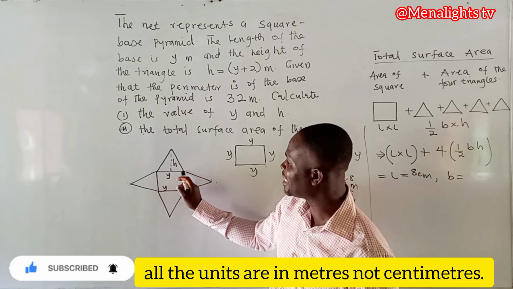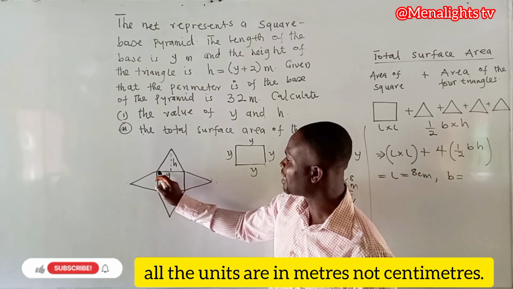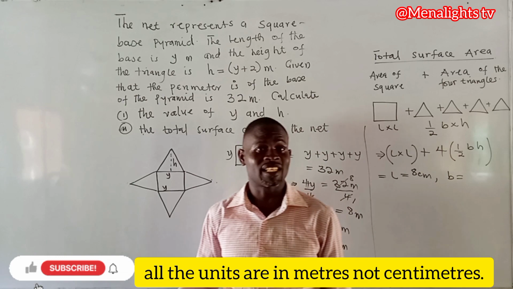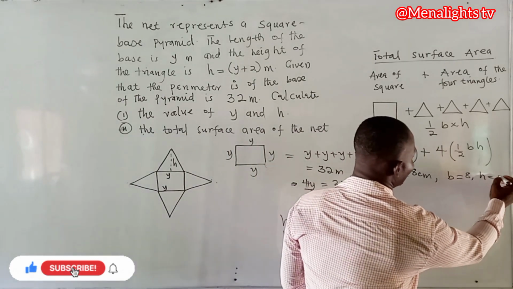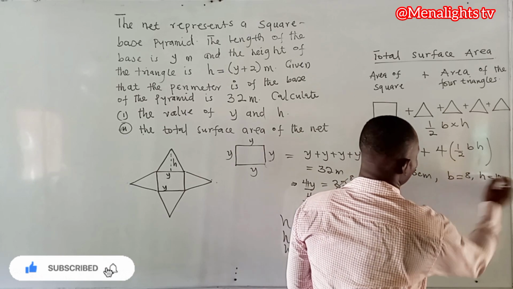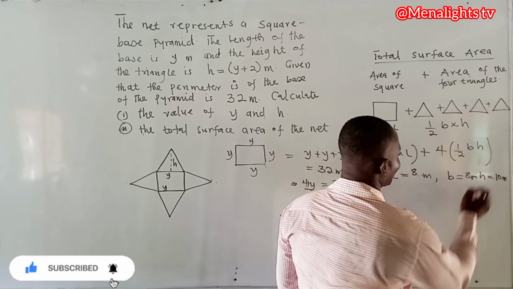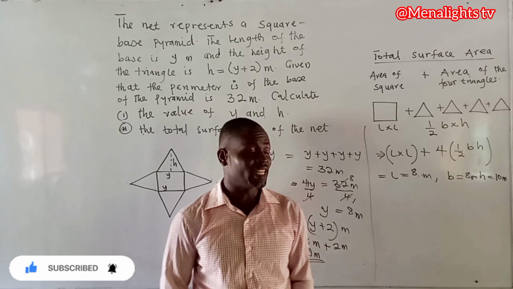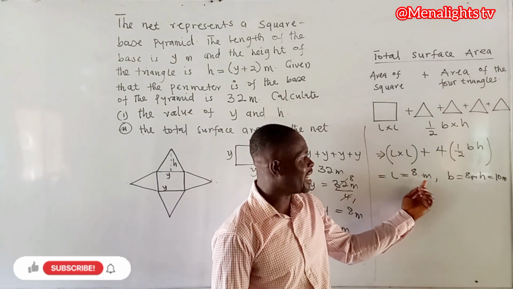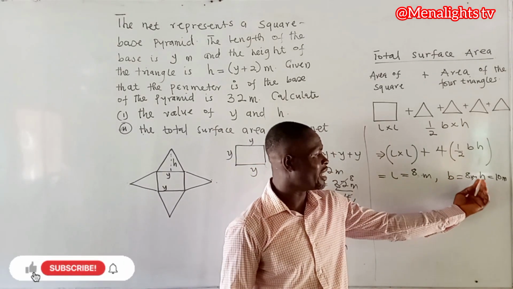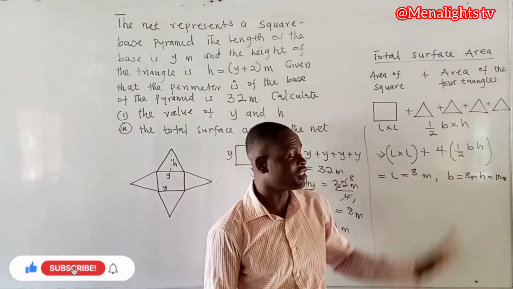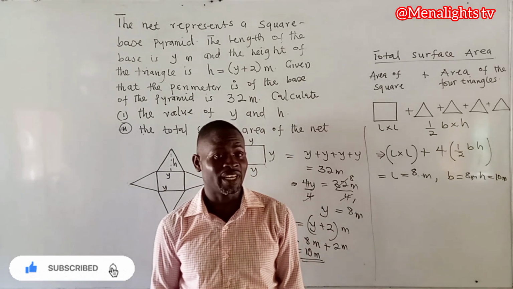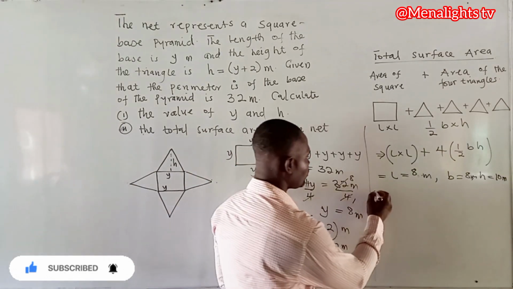So if the length here is 8, the triangle also has a base of 8 meters. The base is 8 meters and the height is 10 meters, as well as the length, which is 8 meters. They are all in meters, not centimeters. So now let's find the total surface area.